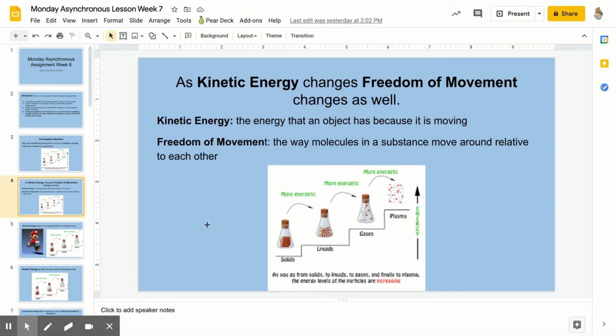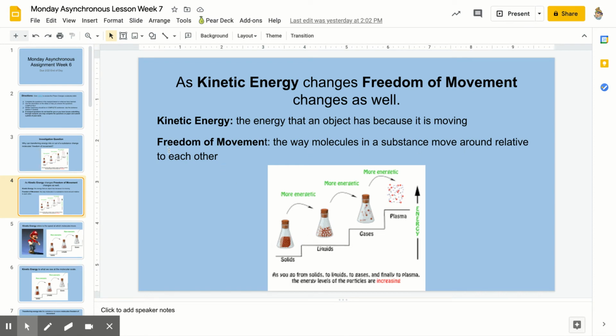Last class, we were talking about kinetic energy and how it's related to freedom of movement. Kinetic energy is the energy that an object has because it's moving. And freedom of movement is the way molecules in a substance move around relative to each other.